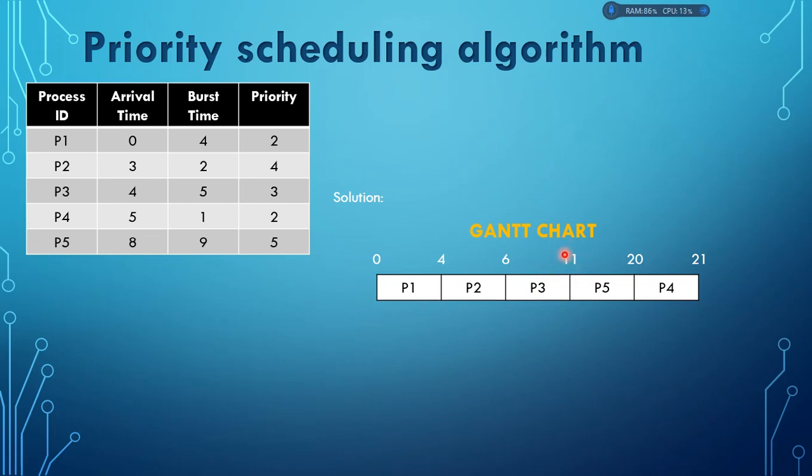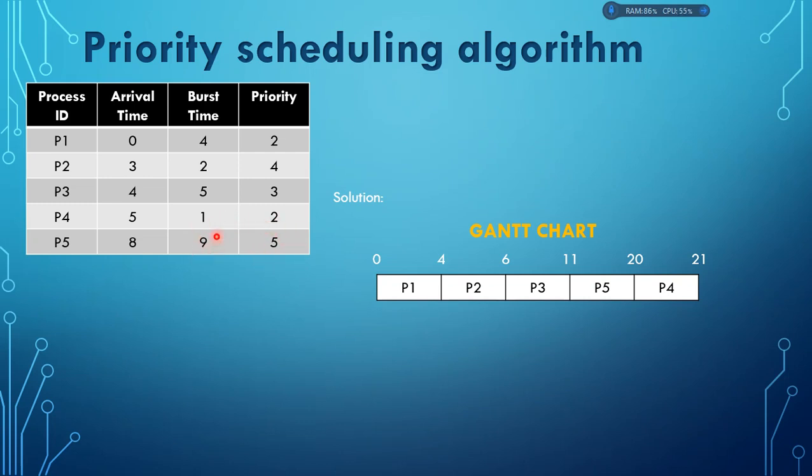After 11 milliseconds, P5 has already arrived at the CPU. We look again at the priority to see which will be processed next. P4 has the priority of 2, and P5 has the priority of 5, so it will bypass P4 and go to P5 because it has the higher priority.